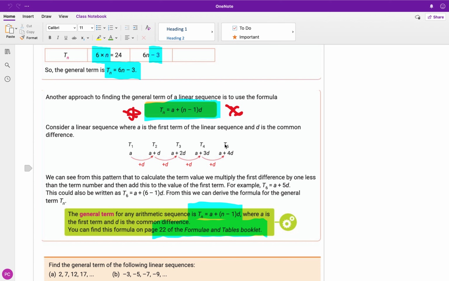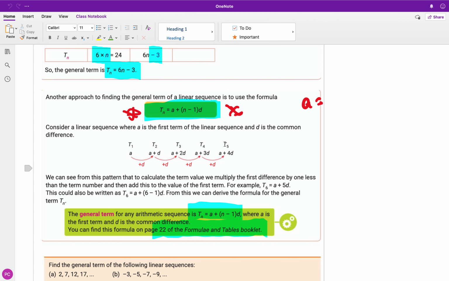But for now, I want you to know that formula: a plus n minus 1 times d. Okay? And I'll show you why I want you to learn that, just to tell you what the letters mean.